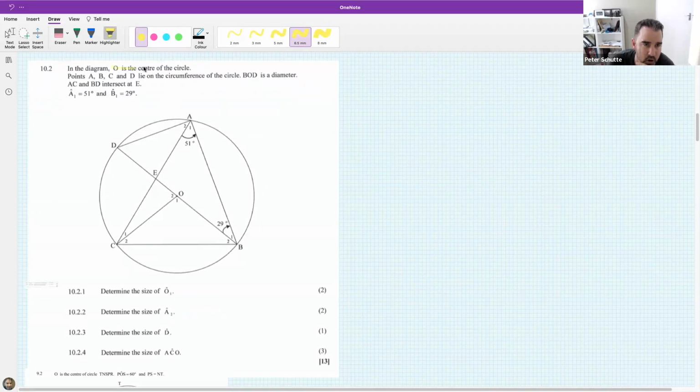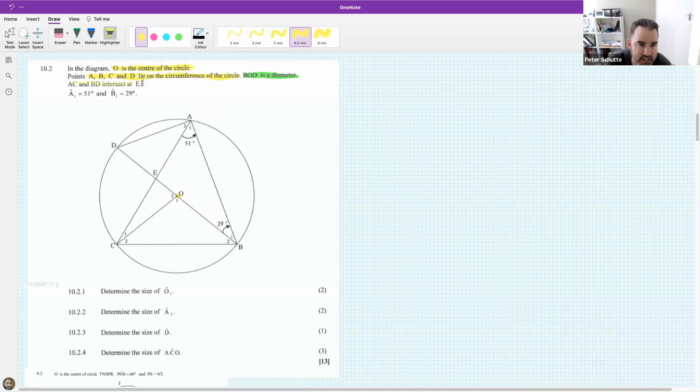In the diagram, O is the center of the circle. Okay, the moment I have the center of the circle, certain theorems will come into play. We've got the points on the circumference, which probably means a cyclic quad is going to be involved, or could be. BOD is the diameter. Okay, that makes sense.